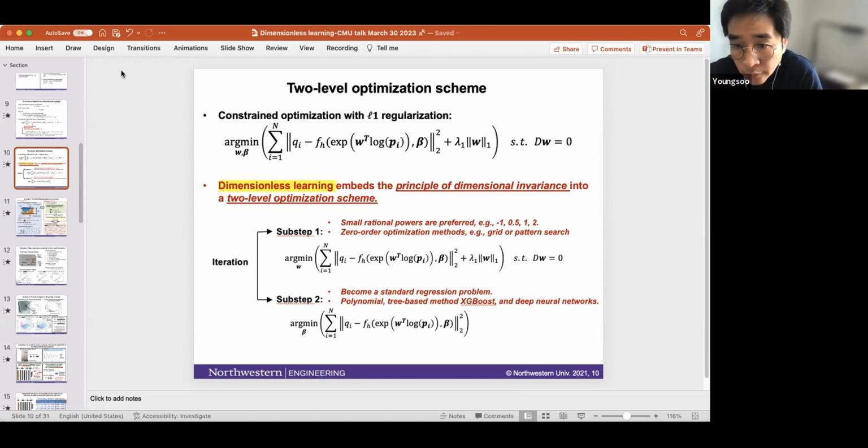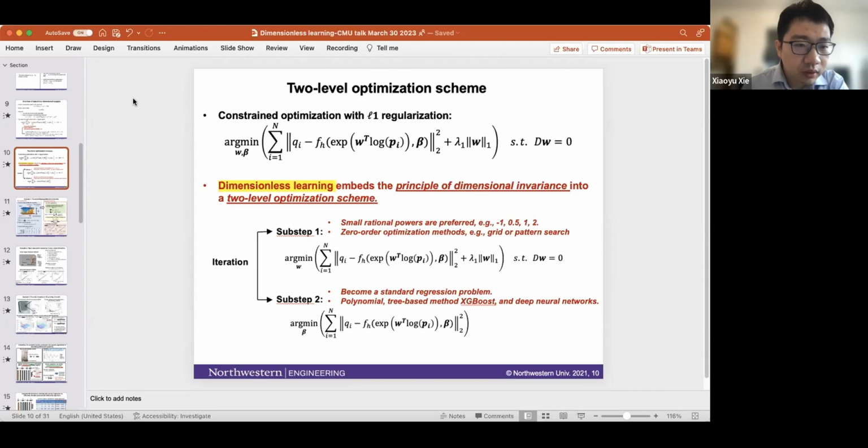Okay, and there's another question by Varun. Is there any intuition for how noisy and scarce the data can be to still allow effective learning? Sure. This is actually a great question, but it's hard to answer. Typically, if you try to discover the scaling law, most of the data is from experiments, and we can assume the scaling law should be very simple, so we can fit the equation.